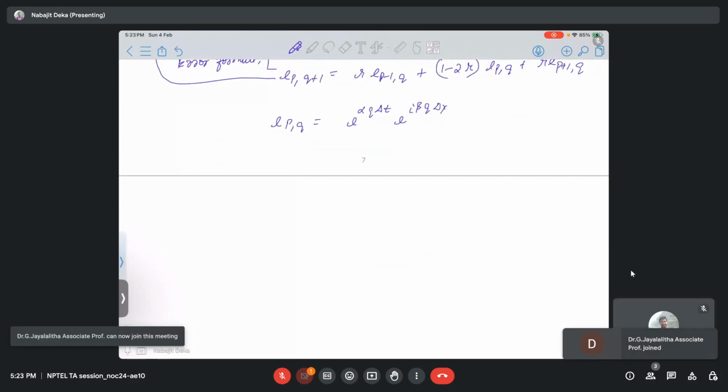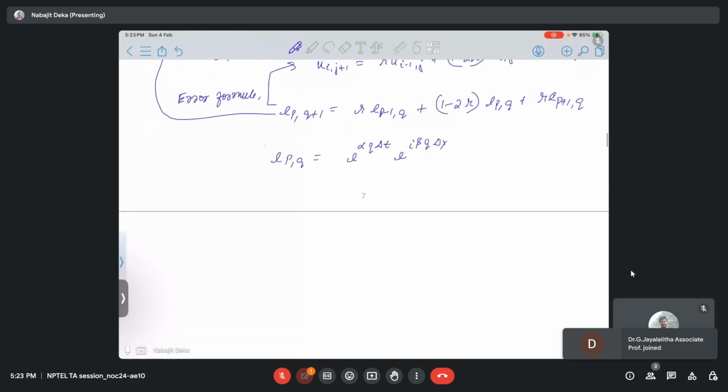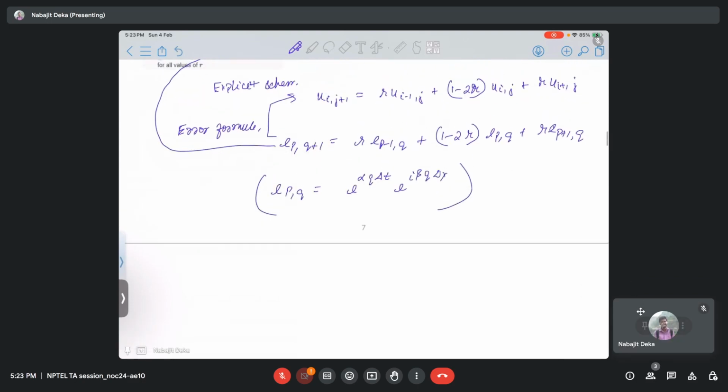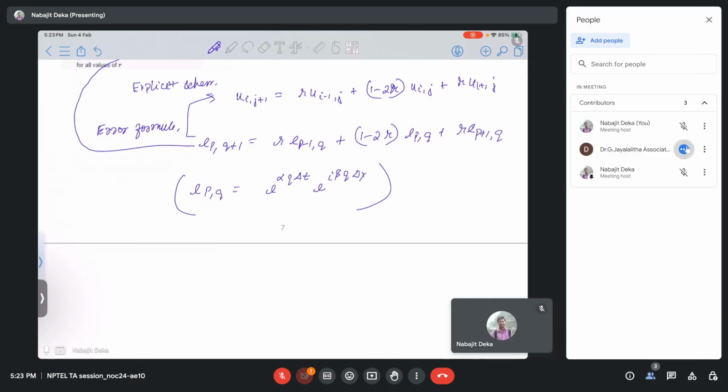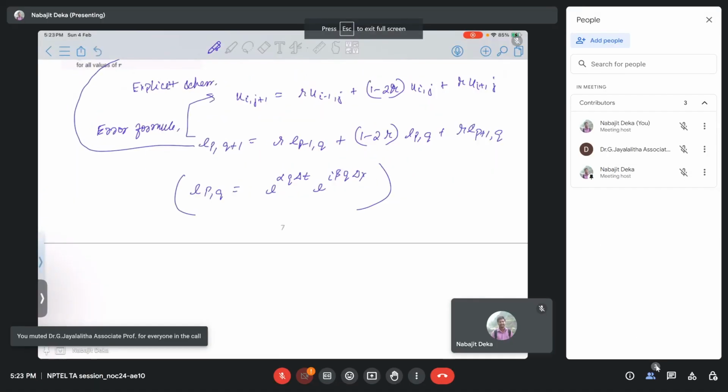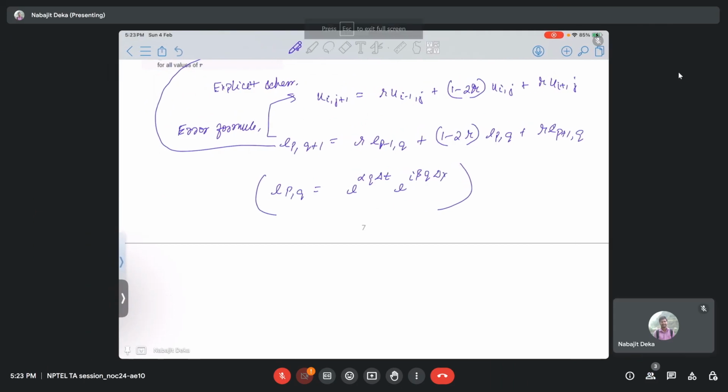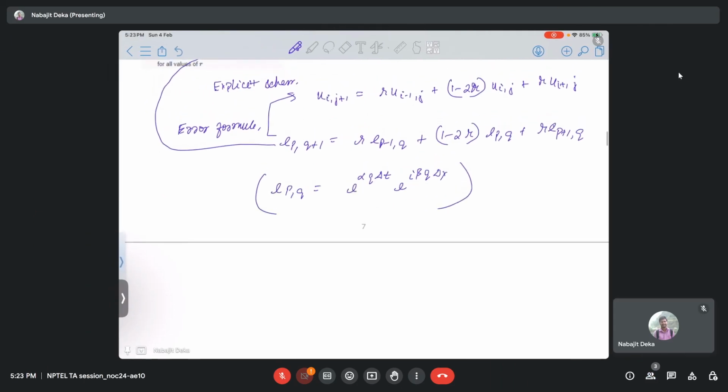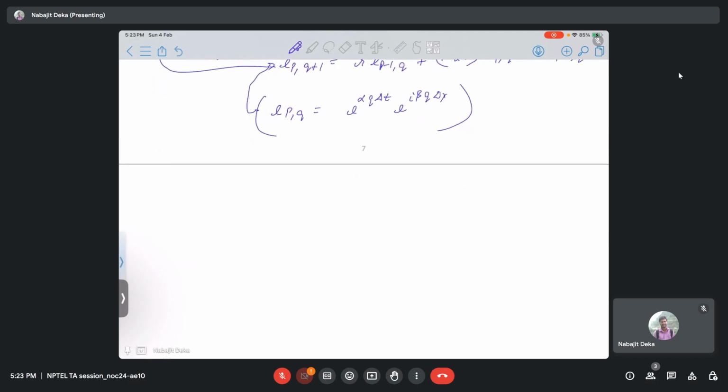So if we put this solution in this error formula, and do all the algebra, what we'll have is e to the alpha delta t is 1 minus 2r times 2 sine square beta delta x.